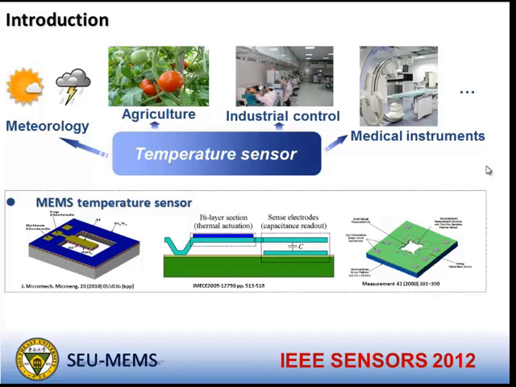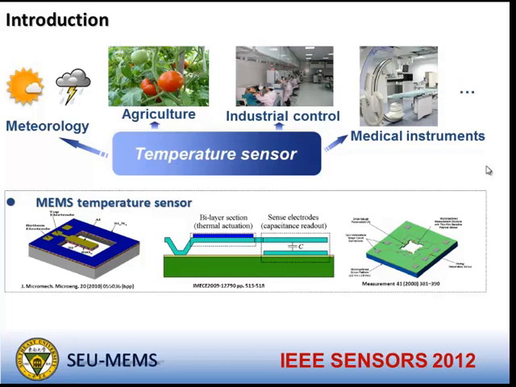Then the middle one is also a capacitive temperature sensor. It was fabricated by surface micromachining, and this temperature sensor can be used in the range of more than 100 degrees centigrade. And the large one is the PT resistance temperature sensor. This temperature sensor is always used in multi-MEMS sensors.